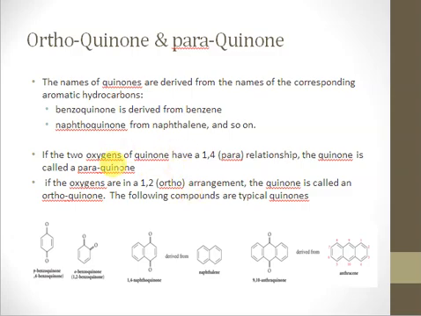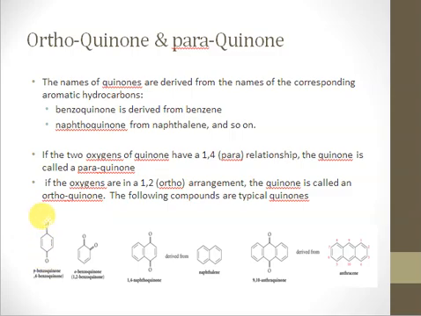So just for example, we are giving some examples here. Consider this one. Since this quinone is derived from a benzene ring, it's called benzoquinone. And further, the relationship of these oxygens with respect to each other is 1,4.